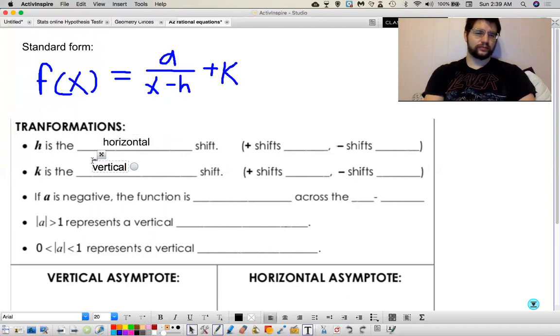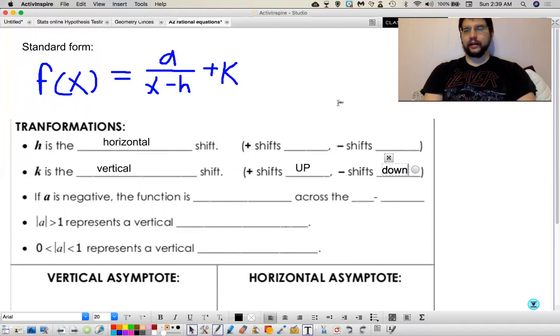And remember, vertical is what you think it is. Plus is up, minus is down. And as always, that x is just backwards. Plus is left, and minus is right.